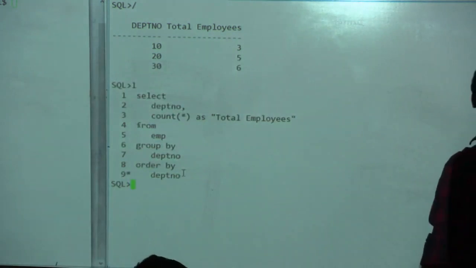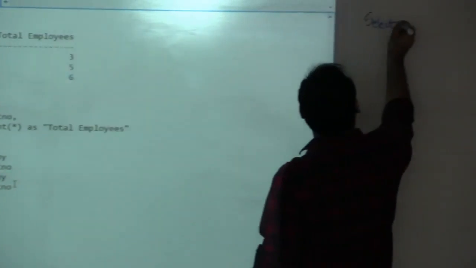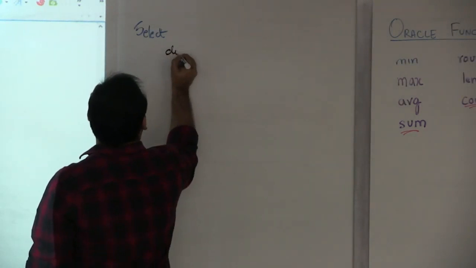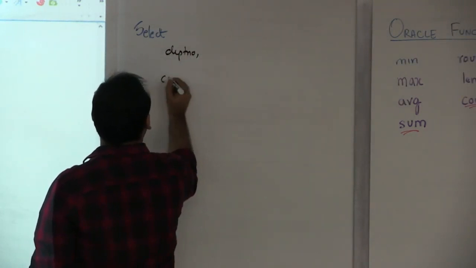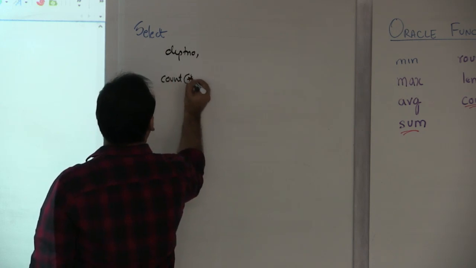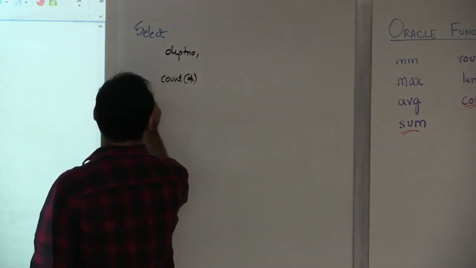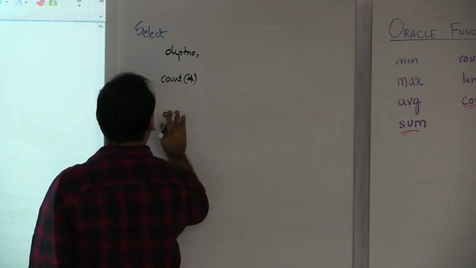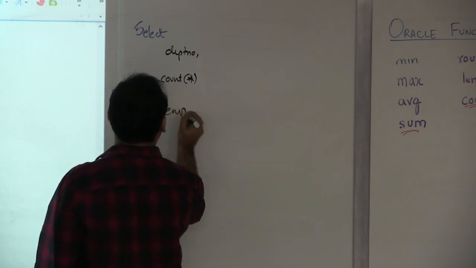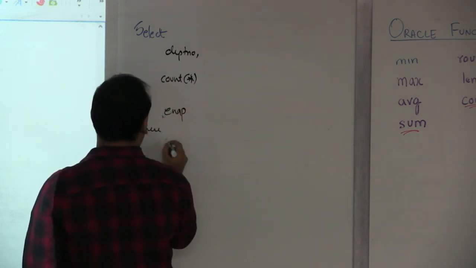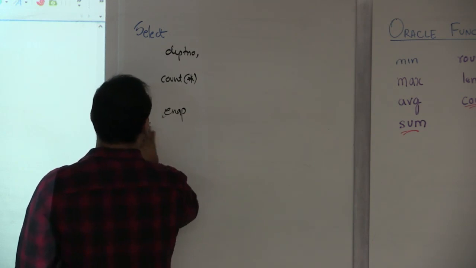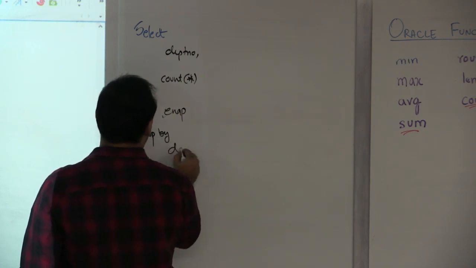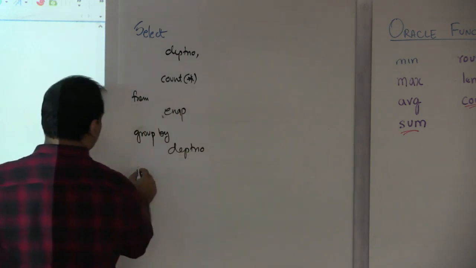So what did I do? I said select department number. I said count star, right, from EMP, where, or not where, group by department number, and then put them in order.